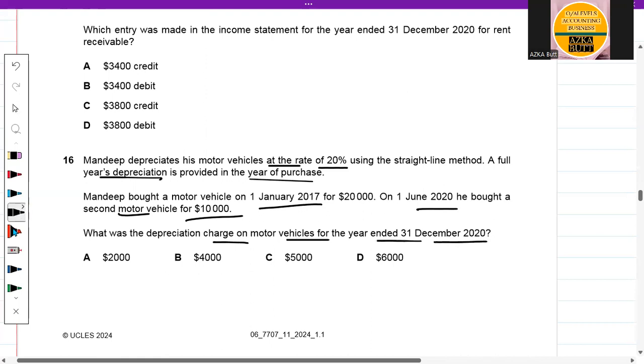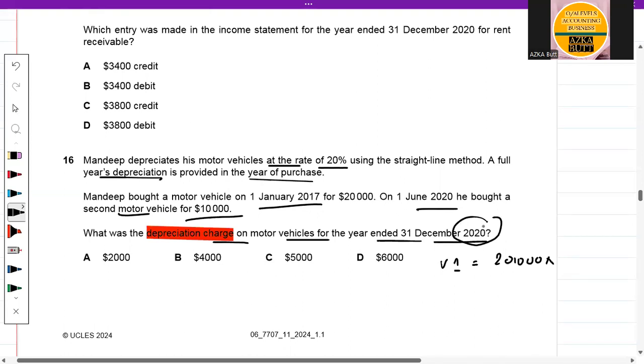Okay, so now just see that they asked to find a depreciation charge. They are not asking us to find out the accumulated depreciation. It means that we should only find out the depreciation for the year ended 2020. So first of all, for vehicle one, your total cost is 20,000.